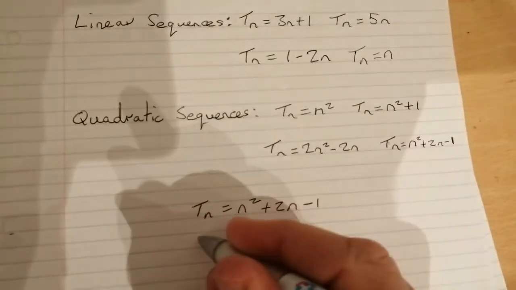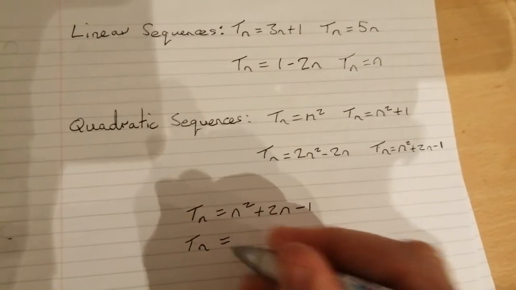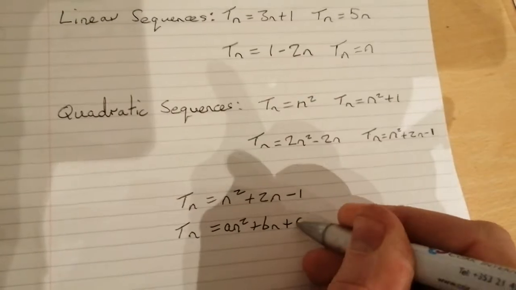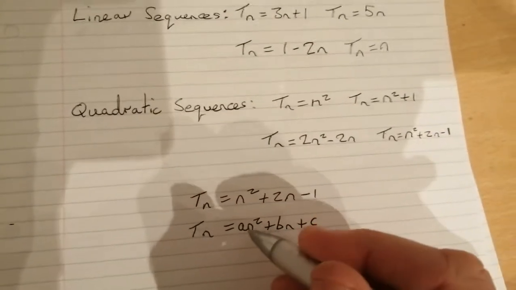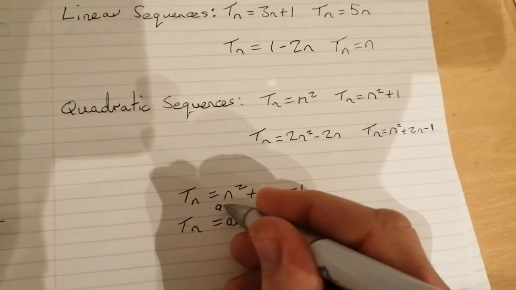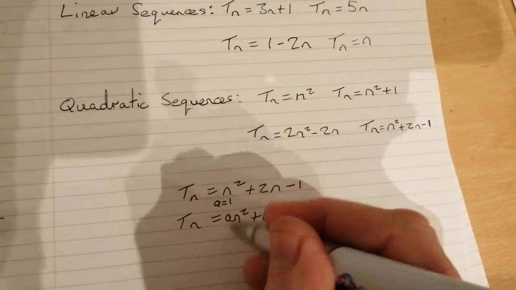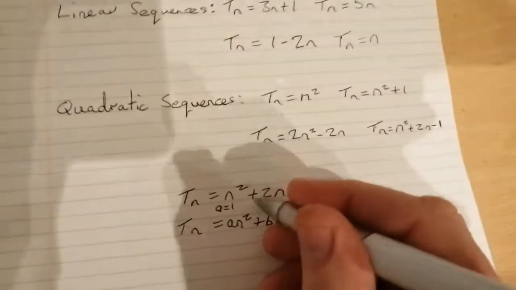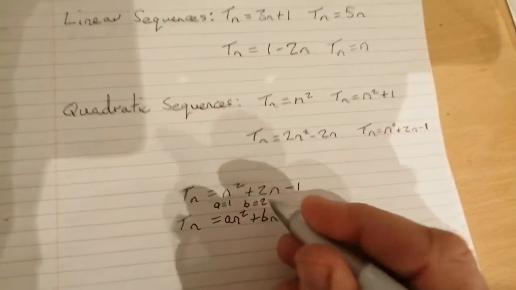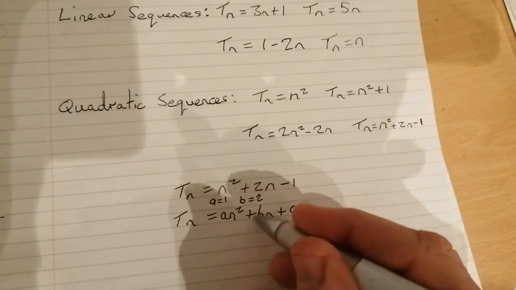So that is in the form Tn equal to an squared plus bn plus c, because we can see the a in this case is equal to 1, isn't it? A is equal to 1 because this is the same as 1n squared. The b part is equal to plus 2, isn't it? It's because that's plus 2n.